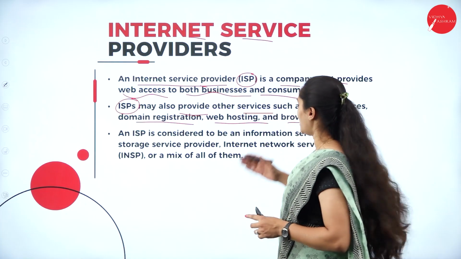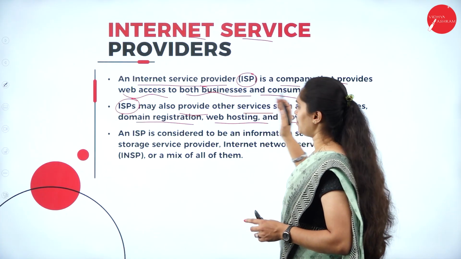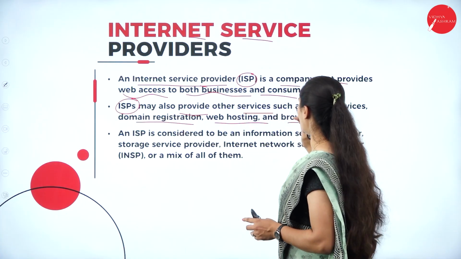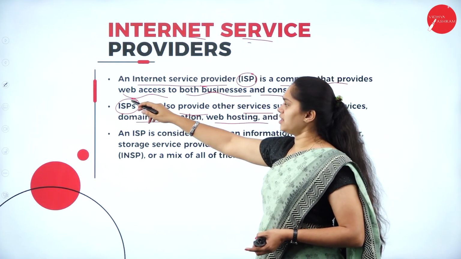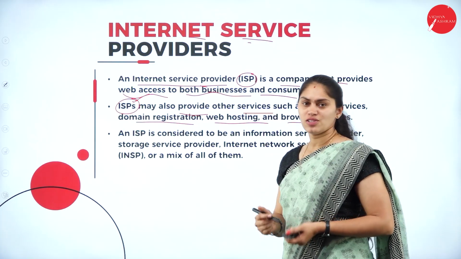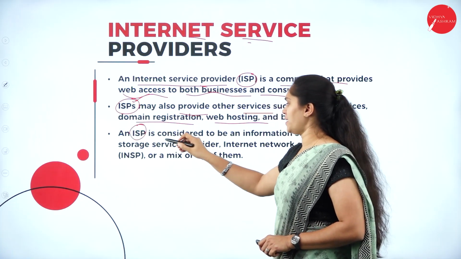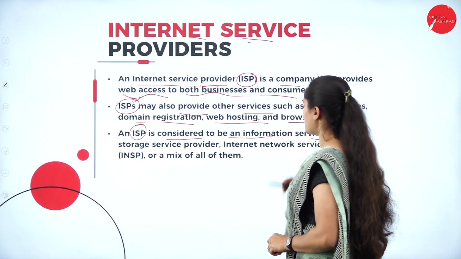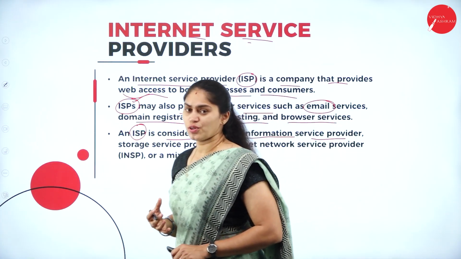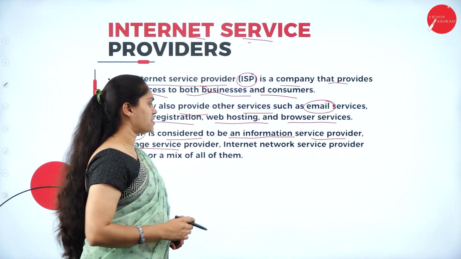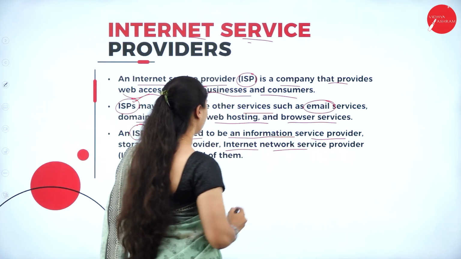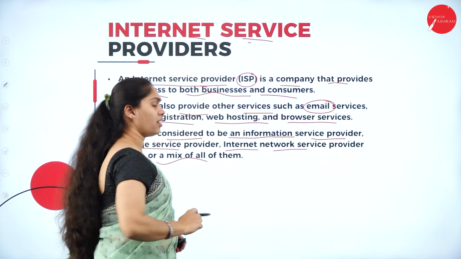Along with that, we can also get services like email, domain registration, web hosting and browser service from this internet service provider, in short ISP. And this ISP is also considered to be an information service provider. It can also provide the internet service, along with that it provides storage service and internet network service, or it can be a mix of all these things.